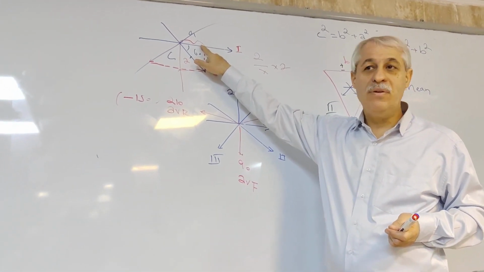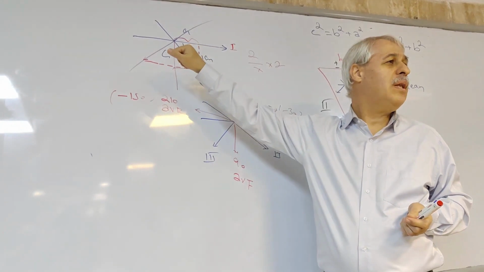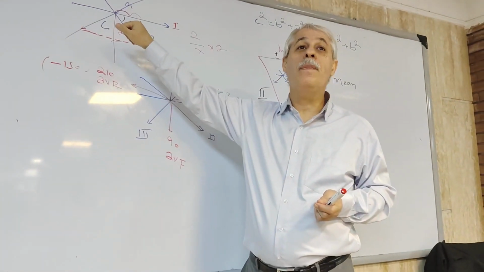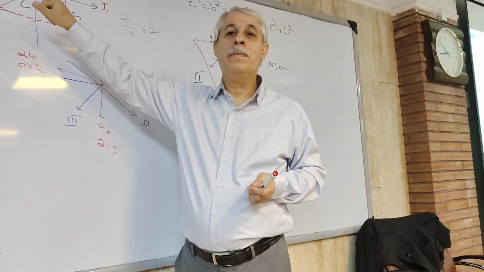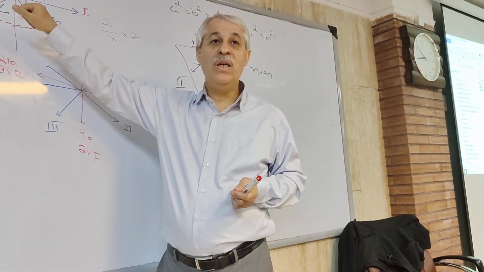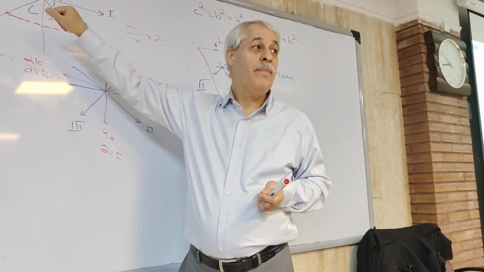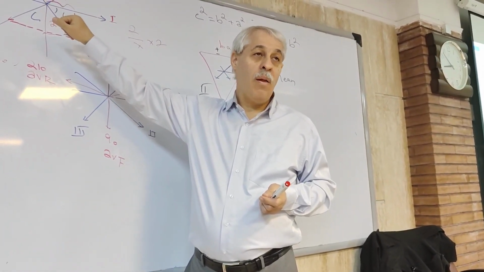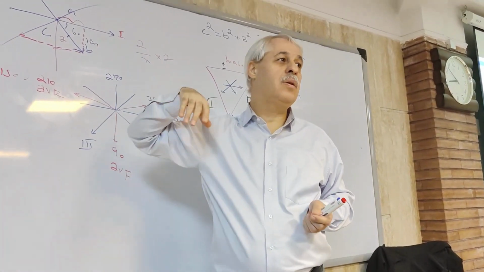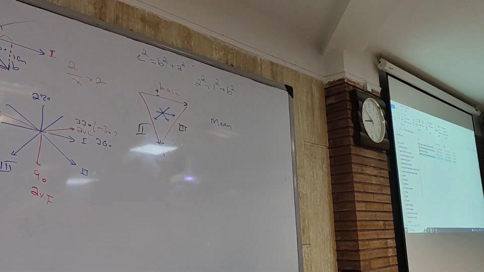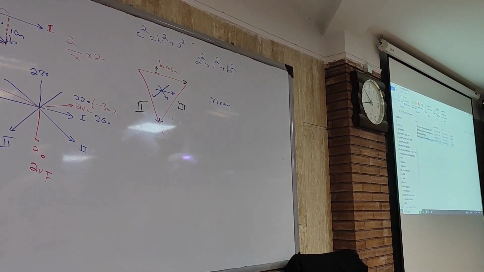Bordar, in Farsi we call it bordar. What do you call it in Arabic, vector? Are you sure? Bordar, check it. In Farsi we call it bordar. Bord means line.